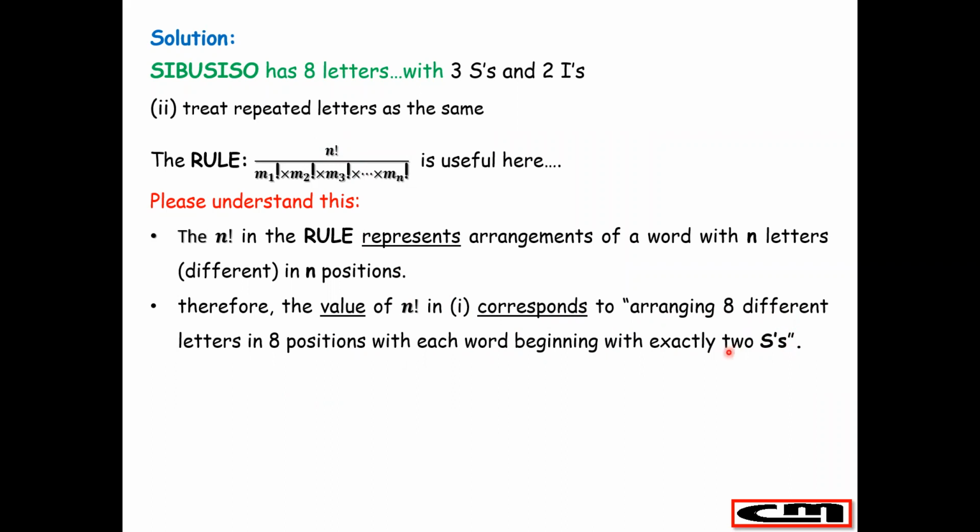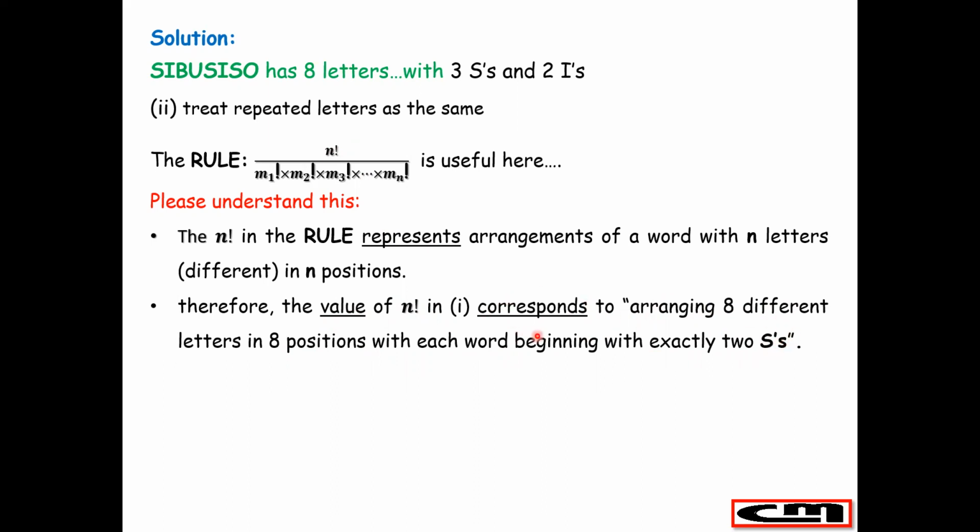That is the understanding, because now we have an extra condition, so we cannot simply take the 8 different letters and say 8 factorial. No, we have to satisfy this. This is why I'm saying the value that will represent n factorial in the formula corresponds to arranging 8 different letters in 8 positions, with each word beginning with exactly 2 S's.